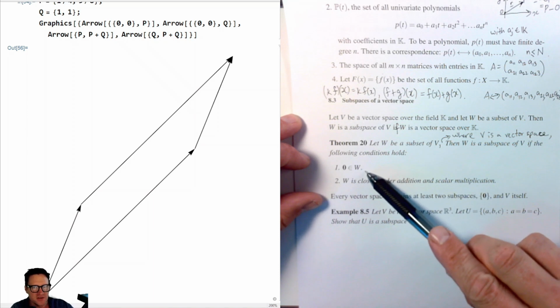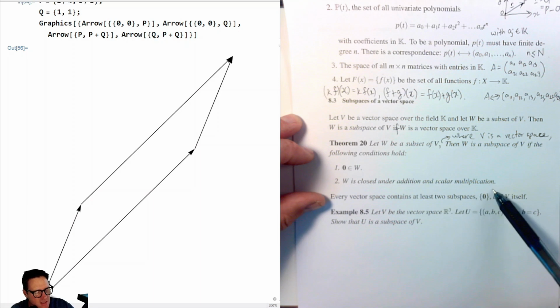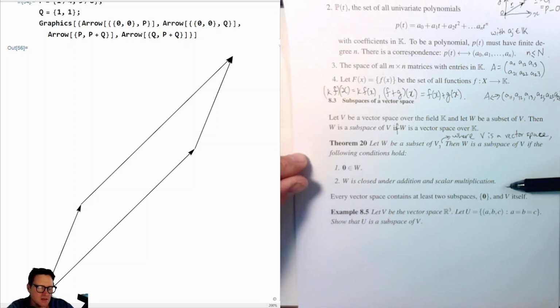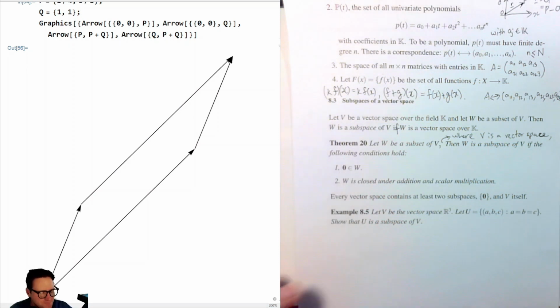The zero vector is in W. W is closed under addition and scalar multiplication. So if you have a subset of a vector space where these two things hold, then it's actually a subspace. So it will be a vector space in its own right.